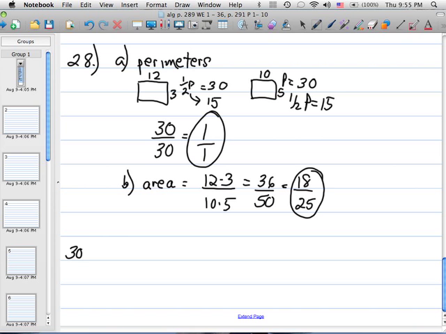And 30, we have a square with sides 24 inches. And we have another square with sides 2 yards. And 1 yard has 36 inches, so 2 yards would have 72.